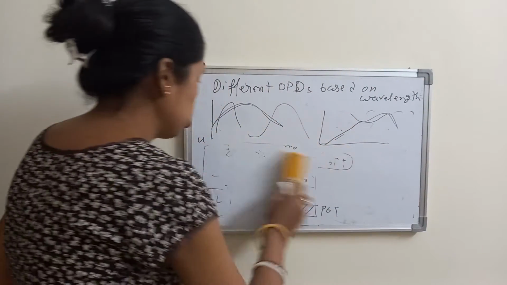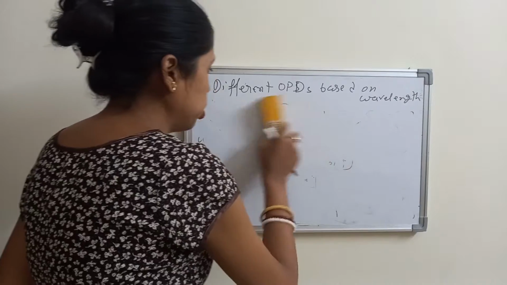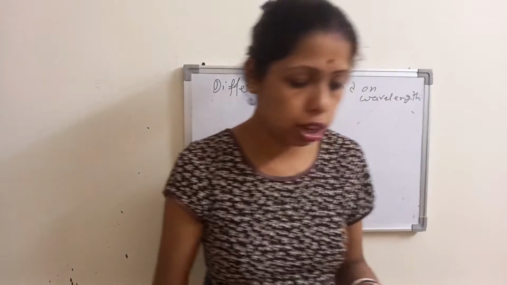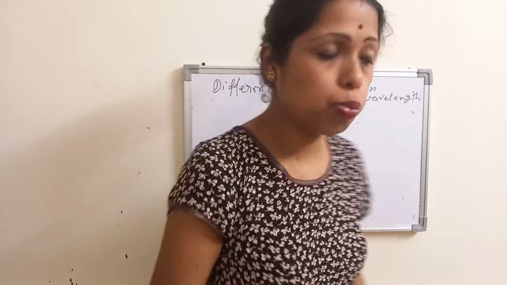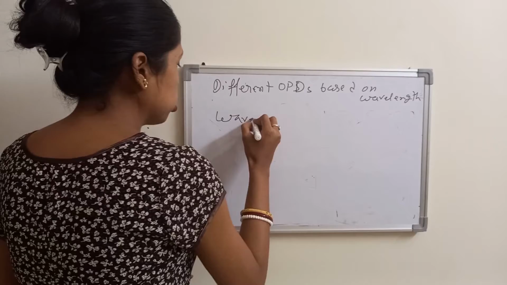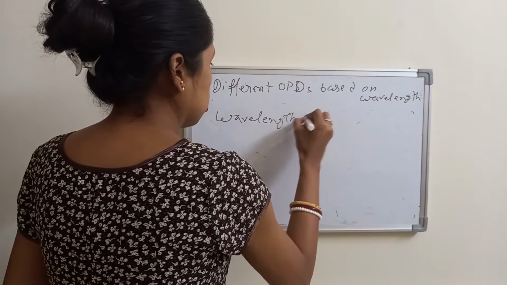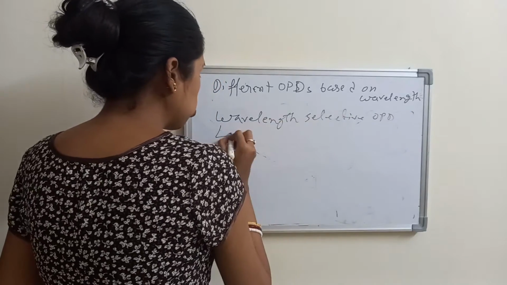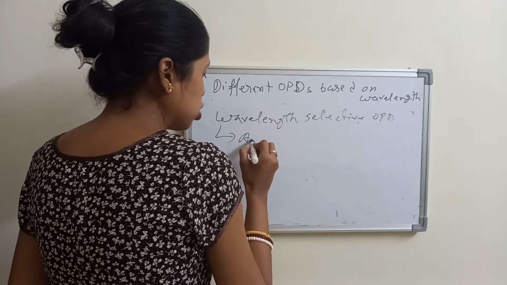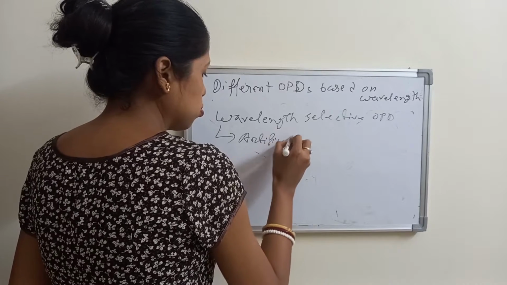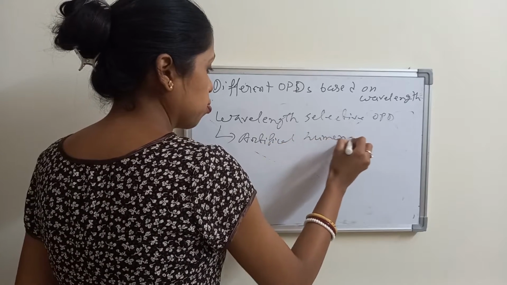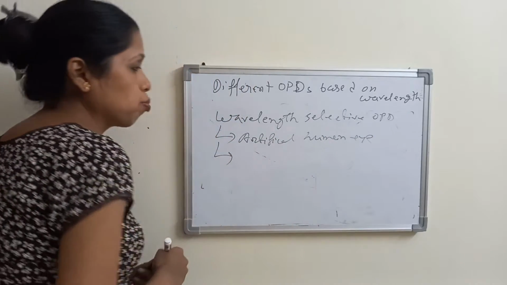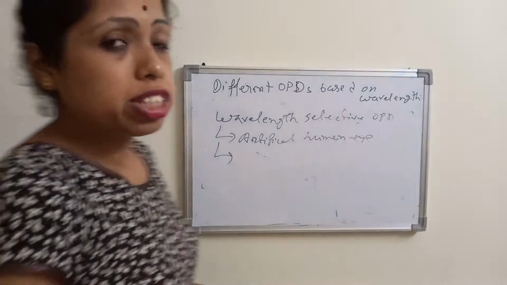Next is the UV OPD. And before that, I want to tell why we can use the wavelength selective OPD. This we can use for the artificial human eye, and apart from this, the color image sensor.